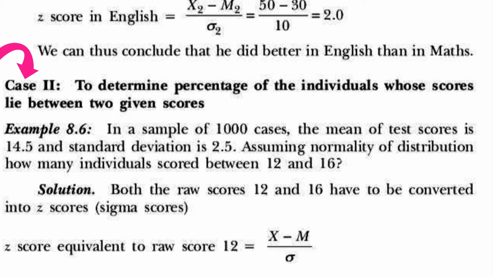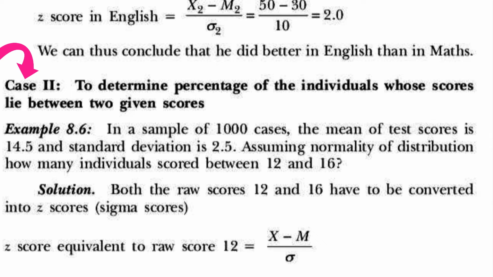So what you got here, the sigma value for 12, is minus 1 sigma. Again you have to convert raw score 16 into sigma score, and you got the sigma value as 0.6 sigma. Now you need to present it in the normal curve.